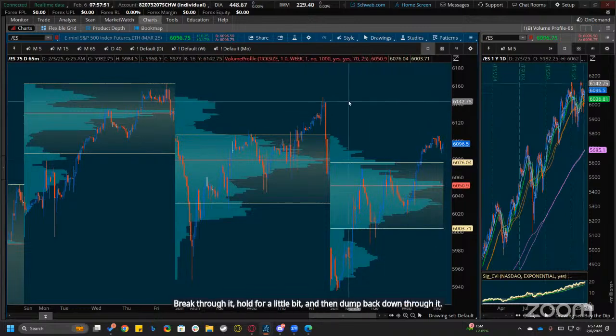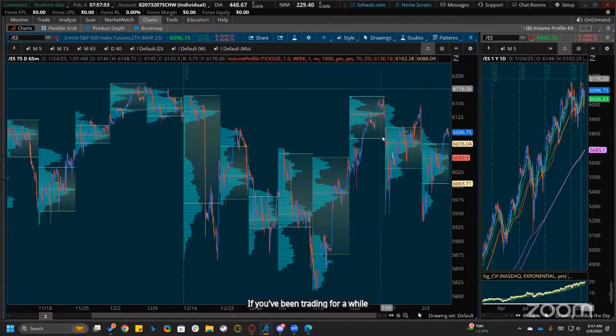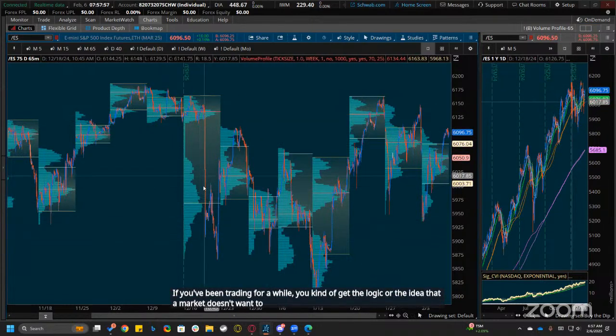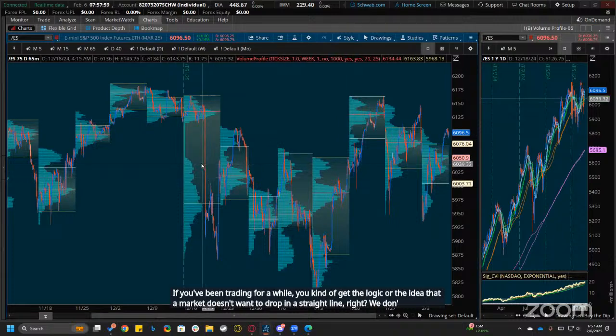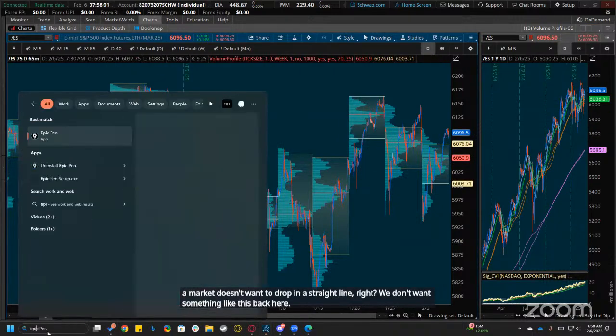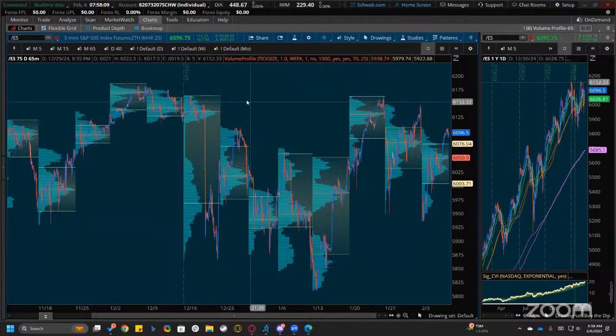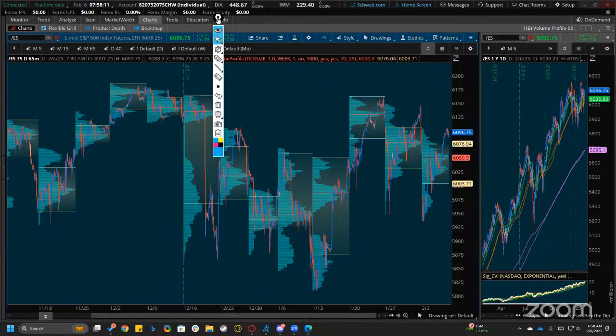If you've been trading for a while, you kind of get the logic or the idea that a market doesn't want to drop in a straight line, right? We don't want something like this back here. We don't want that.